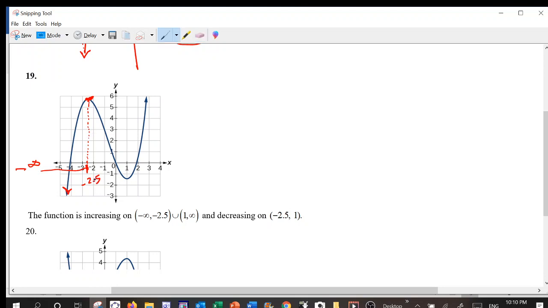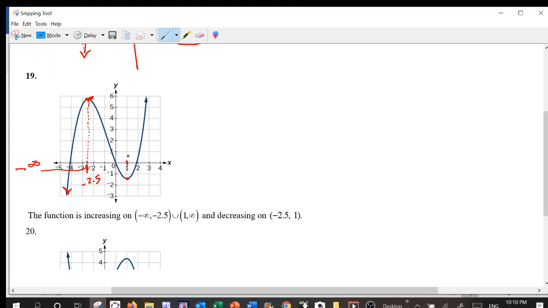Now we never include the numbers. When we write the intervals, we don't include the endpoints, because at a number, a function cannot be increasing or decreasing. So we say from -infinity to -2.5, the function is increasing. But there's also this area, from this point right there, which is 1.